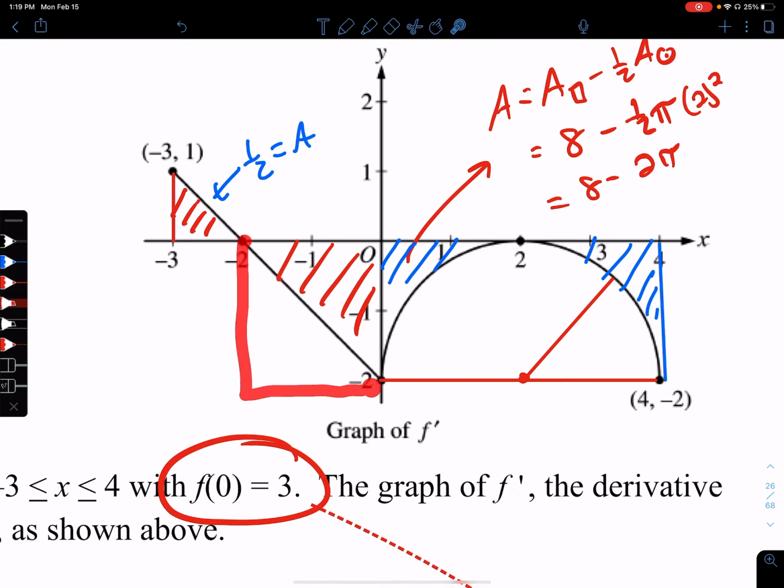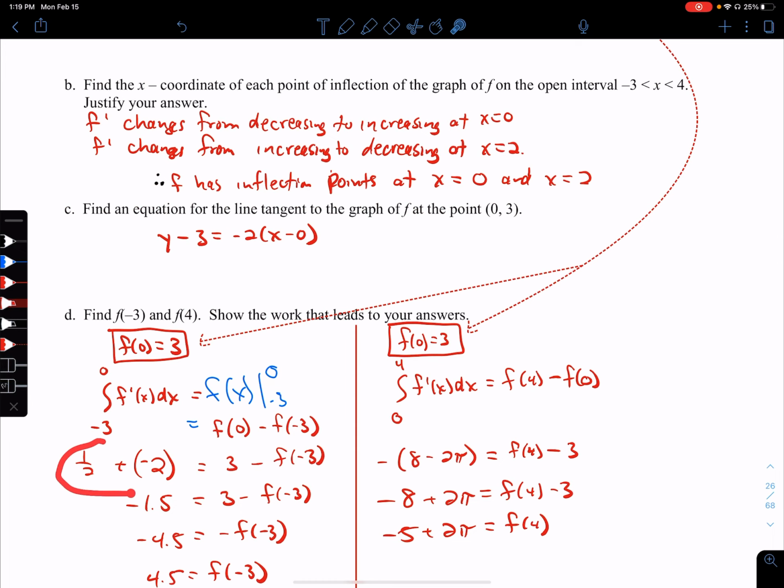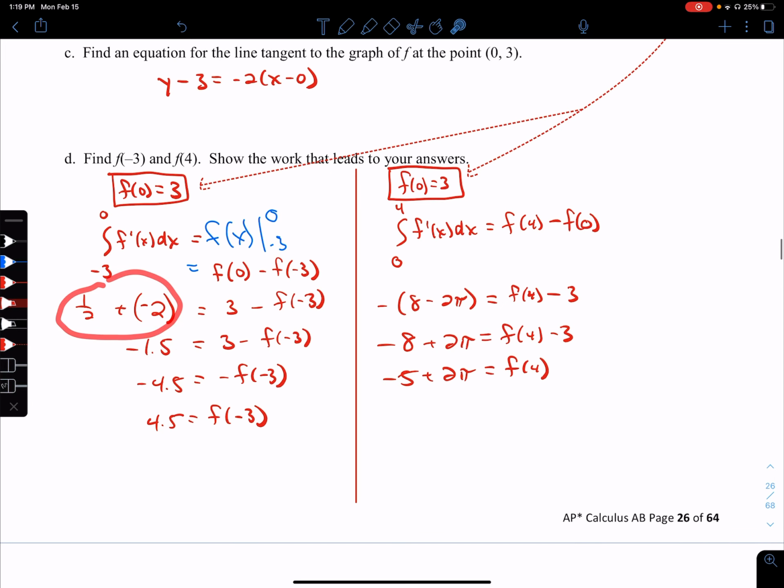Here, this is a square that's 2 by 2, so the area is 4. Half of that would be 2. This is below the x-axis, so this area is -2. So a half plus -2 is what I have for the area under the curve. It simplifies to -1.5. You subtract 3 from both sides, you get -4.5. Divide both sides by -1, and that tells us that for the original function, when the x value is -3, the y value is 4.5.